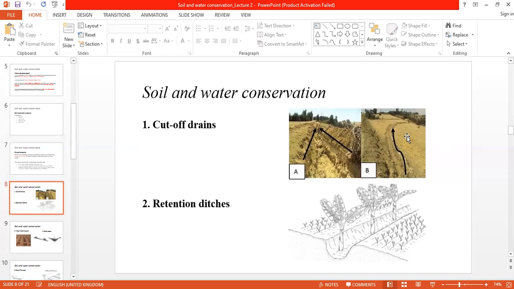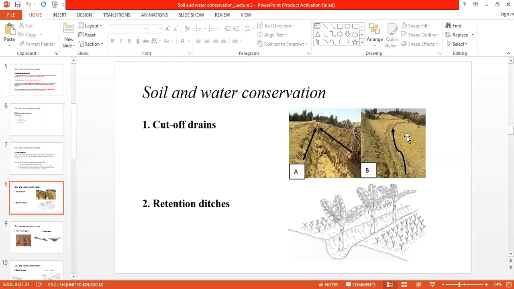Then something which is similar to cut-off drains is retention ditches. These retention ditches are mainly there to retain water, but in doing that, they are also helping to reduce soil erosion.